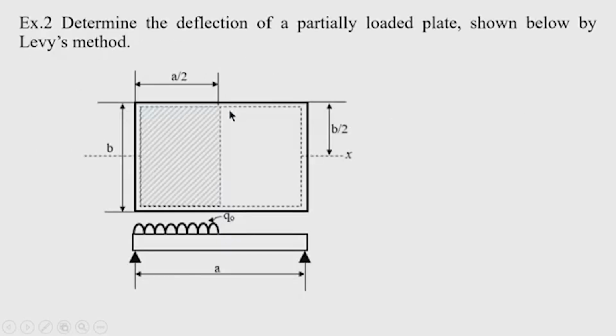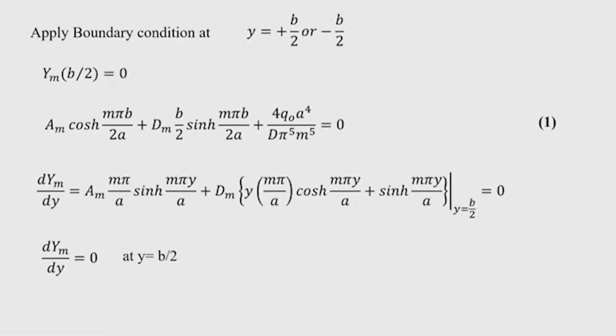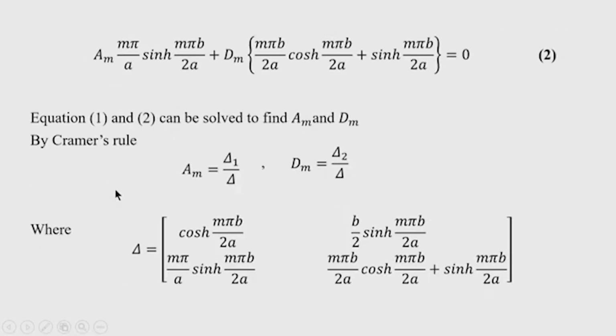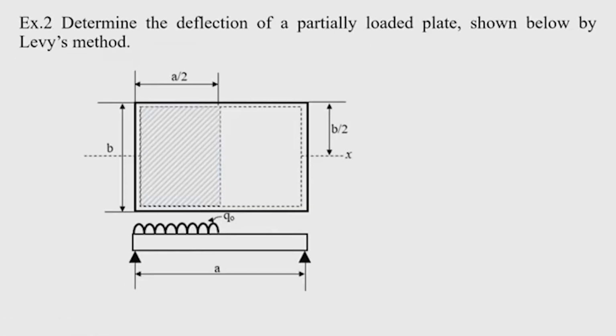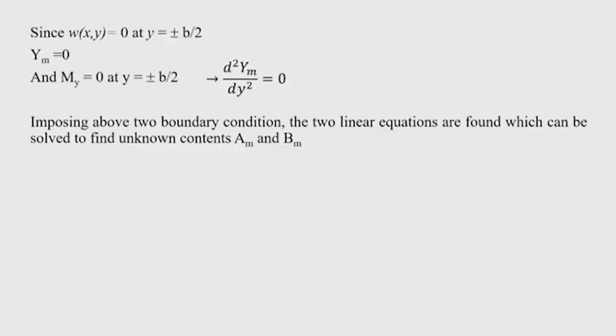And since we have derived the second derivative of the function already on a few occasions, that second derivative expression can be applied here to impose the boundary conditions on the other two edges which are simply supported. And you will be able to find the constants a m and d m, and then all other quantities, that is bending moment and shear force, can be evaluated.